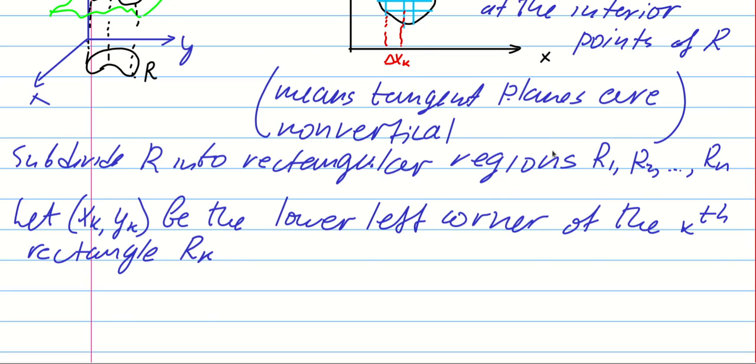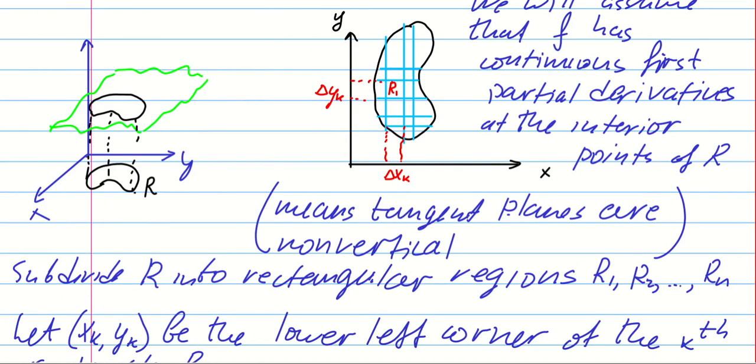So if we go to our picture, this point over here is x sub k, y sub k. That's what we mean by the lower left corner.